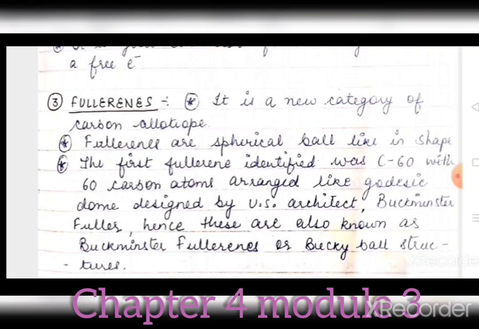So it was named after that, and C60 was the first one identified. After that, many other fullerenes were also discovered having carbon number more than 60.